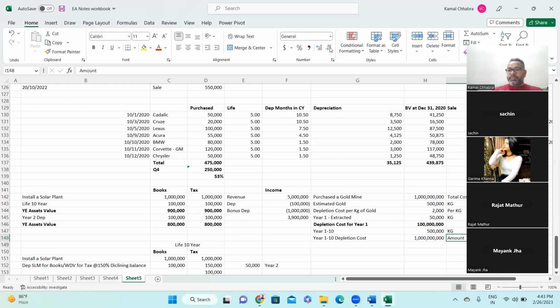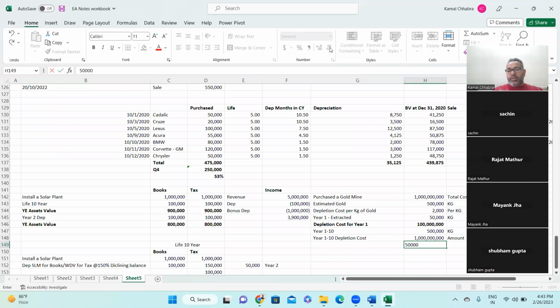Are you guys with me? Yes, sir. But now when you have extracted all 500,000 kg, what you still see is an additional 50,000 kg still available there. Then what will you do? Are you getting my point?